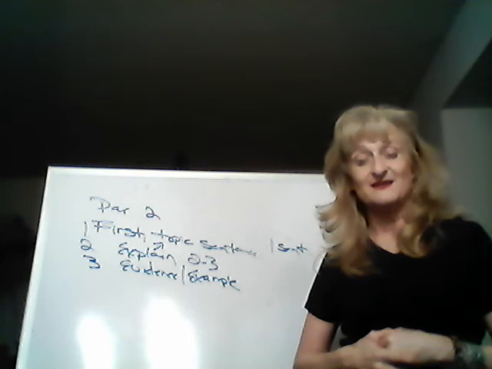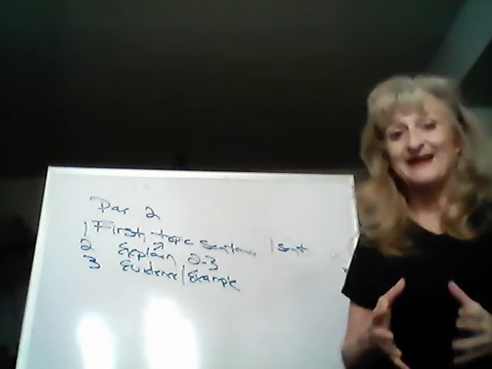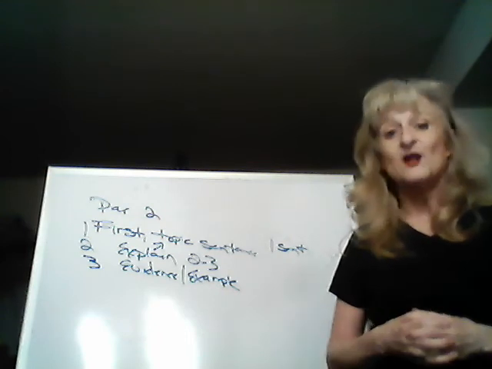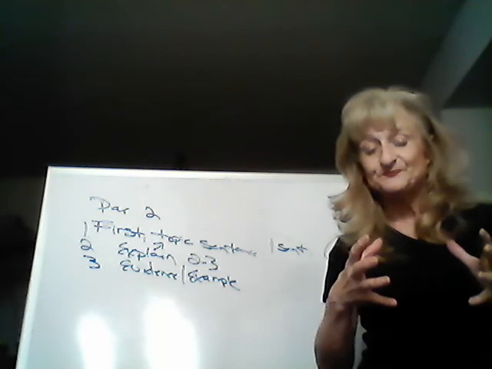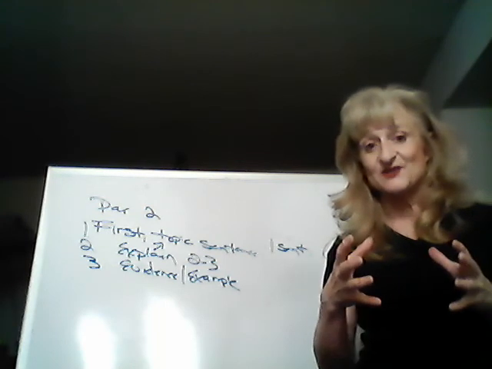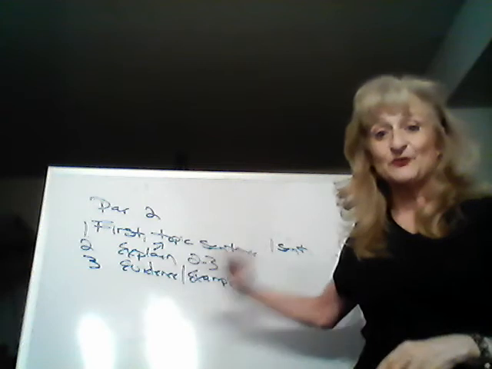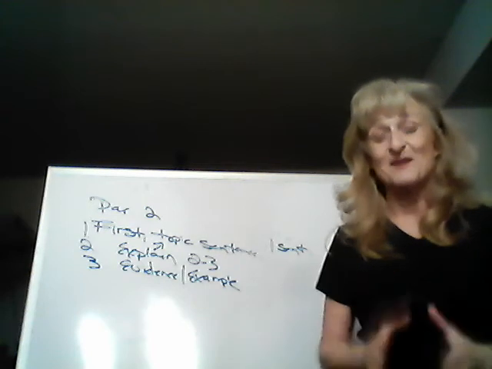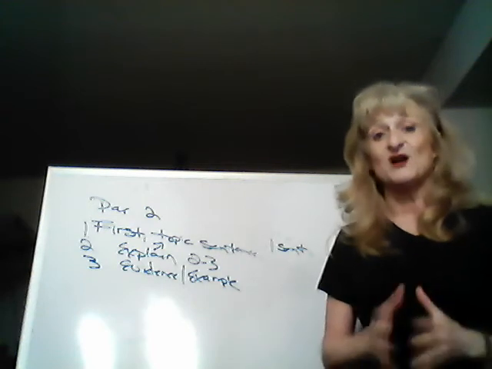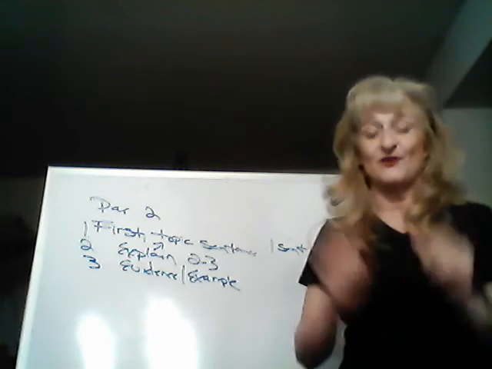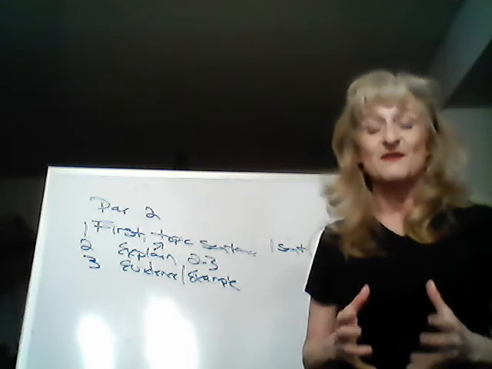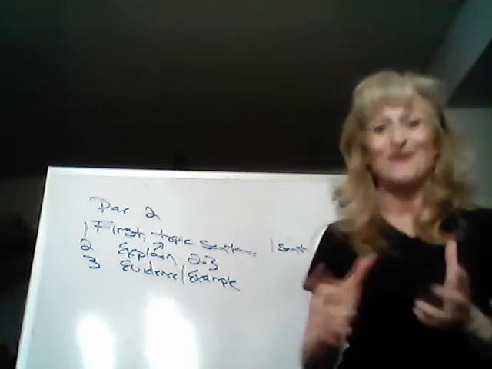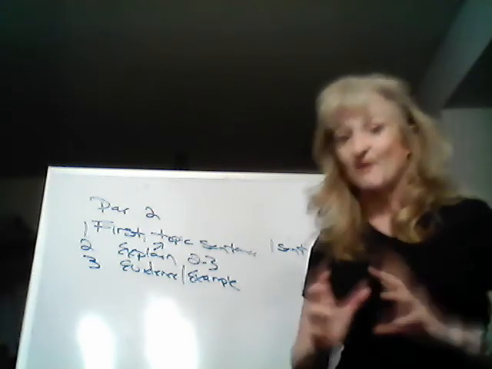This is a common error that you don't want to make, where you talk about the photo and in the intro have a thesis that has something to do with the photo, and then in the 3 body paragraphs you just talk about the issue, but you don't talk about the photo anymore. No, don't do that. That's a huge mistake. That's not the assignment, right? So the assignment is about the photo. You have to keep the photo at the center.